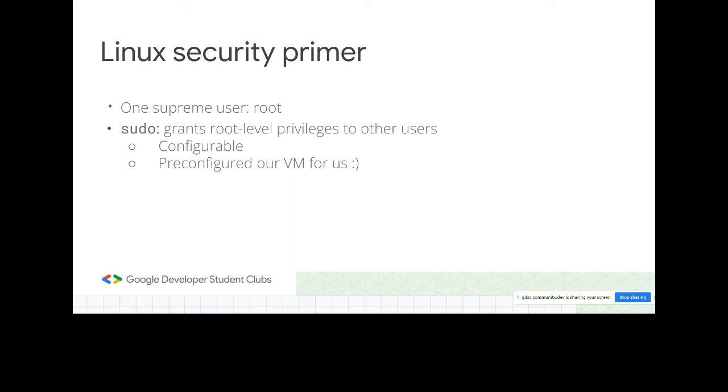So when we want to give other users, like my user, root level privileges, Linux uses a program called sudo. The nutshell is, if we want to run something that's privileged, we run sudo before the command.